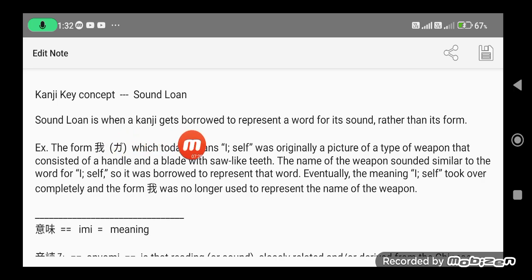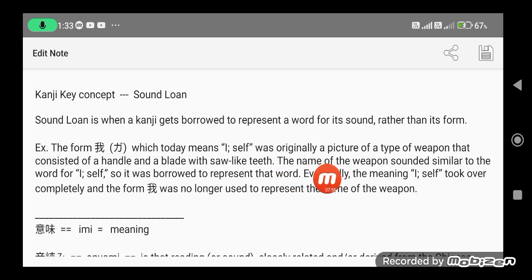Sound loan is when a kanji gets borrowed to represent a word for its sound rather than its form, because we all know that the form of a kanji is most of the time related to its meaning. For example, the form ga, which today means I or self, was originally a picture of a type of weapon that consisted of a handle and a blade with saw-like teeth.